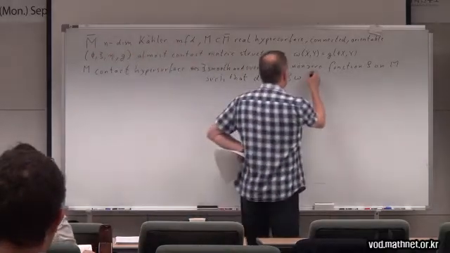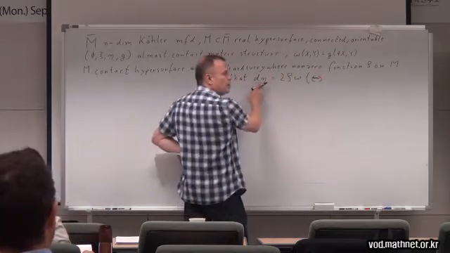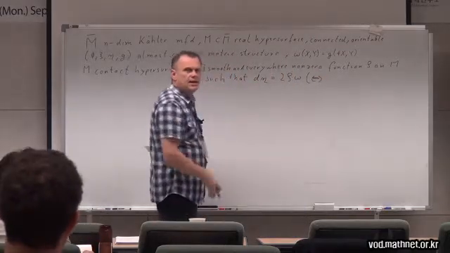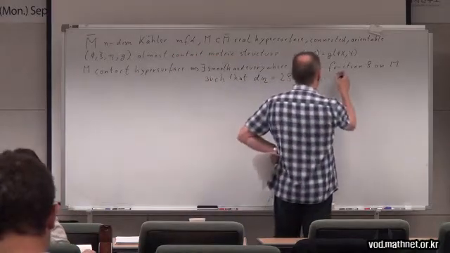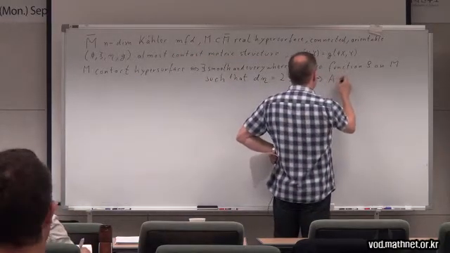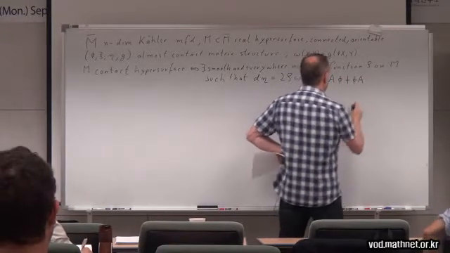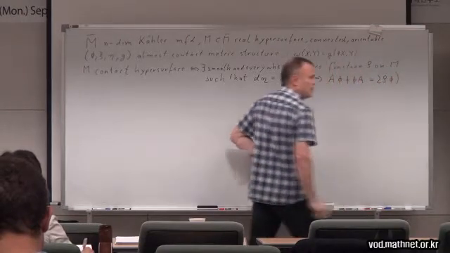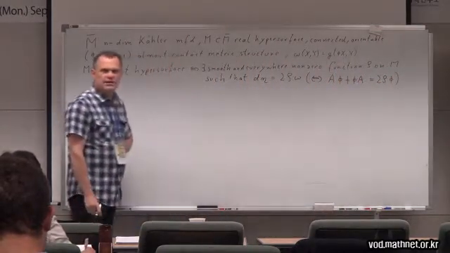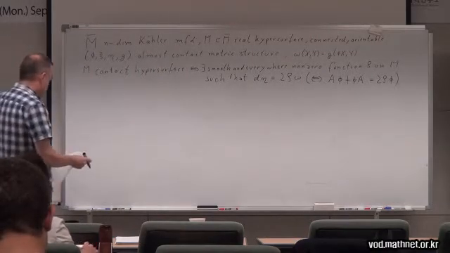And we saw that if one works out d eta explicitly, one can rephrase this condition in terms of the shape operator and the tensor field phi, namely that A phi plus phi A is equal to 2 rho phi. That's an equivalent characterization for contact hypersurfaces.